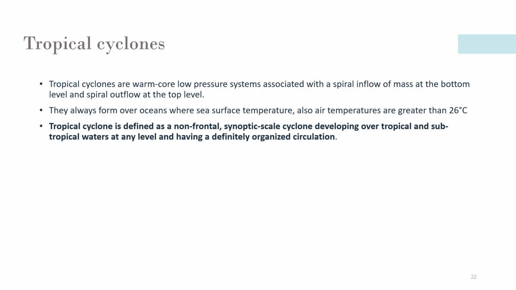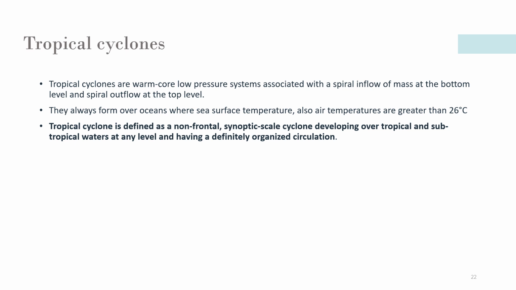A tropical cyclone is defined as a non-frontal synoptic scale cyclone developing over tropical and subtropical waters at any level and having a definitely organized circulation.